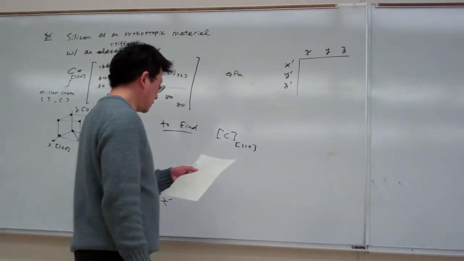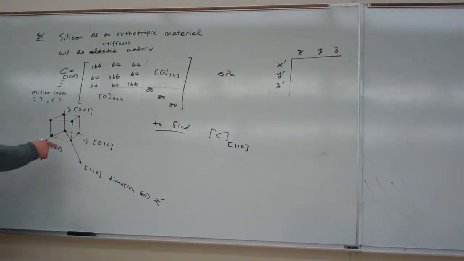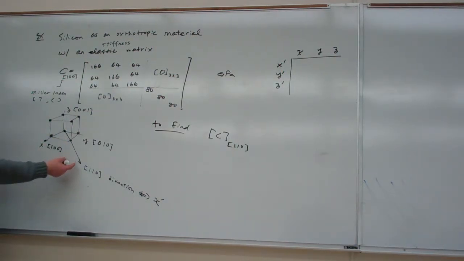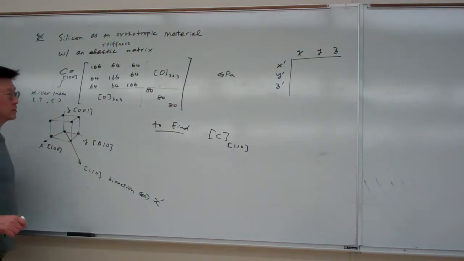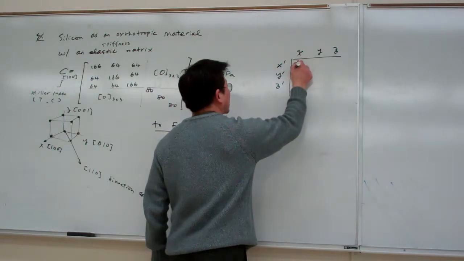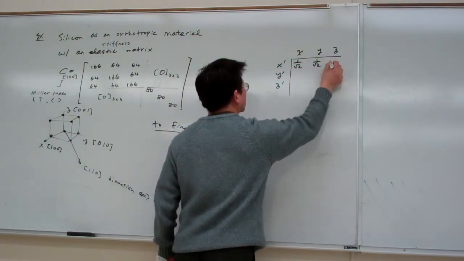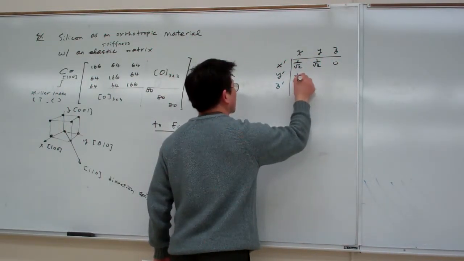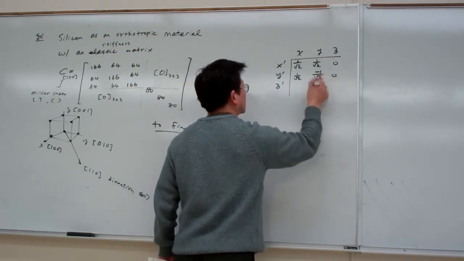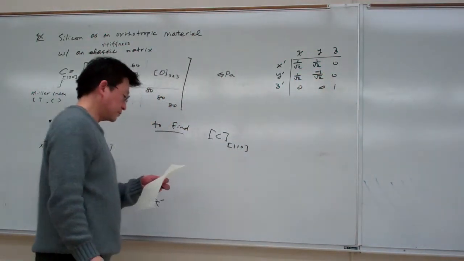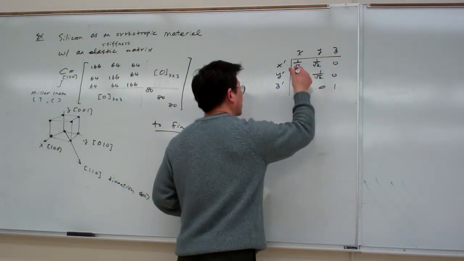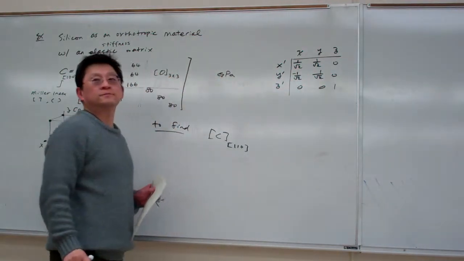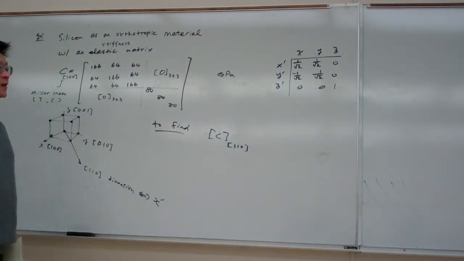Okay. And according to this one, you should be able to find out. For example, we take the unit base vector in this direction expressed in x, y, z, and that one will be equal to 1 over square root of 2, 1 over square root of 2, 0, and this is 1 over square root of 2, minus 1 over square root of 2, 0, and 0, 0, 1. Sorry, mistake here. Minus should be here. Okay. So build up this one first, and then we proceed to do the calculations.